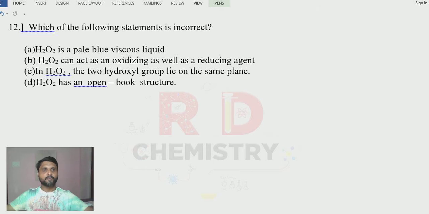Question number 12. Which of the following statements is an incorrect statement? H2O2 is a pale blue viscous liquid. It is the correct statement. Hydrogen peroxide can act as the oxidizing agent as well as the reducing agent. Also a correct statement. In hydrogen peroxide, two hydroxyl groups lie on the same plane.